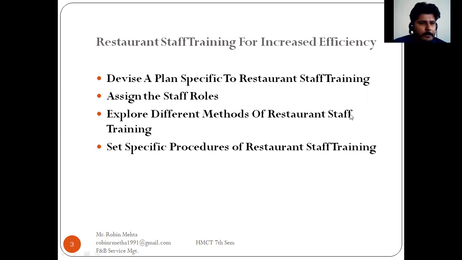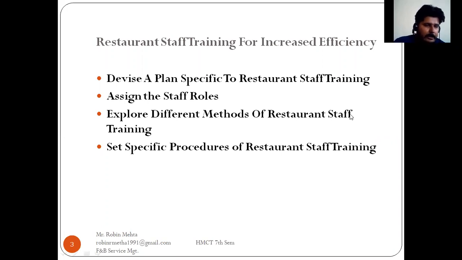Restaurant staff training for increasing efficiency. Why are we giving training to the staff? To increase their efficiency, their knowledge, and the effectiveness which we need in their work. There are so many points which we will discuss further, like a plan specific to restaurant staff training.